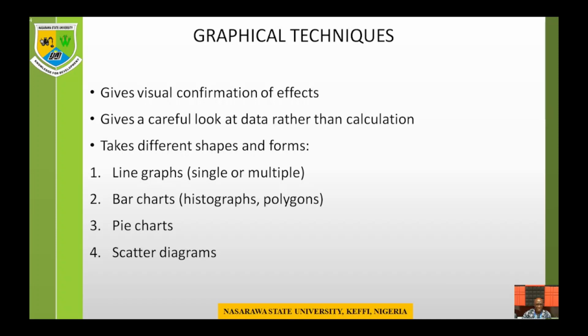The second type of graphs is the bar charts, which could come in the form of histographs or polygons. We'll be demonstrating all this in the course of this lecture.